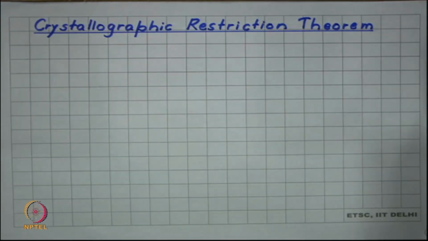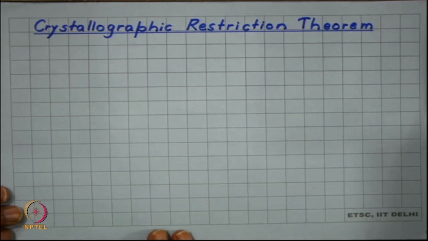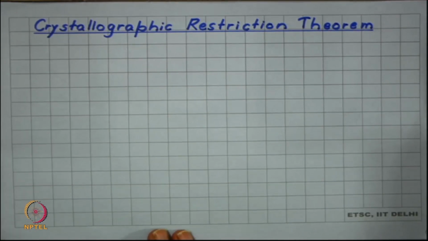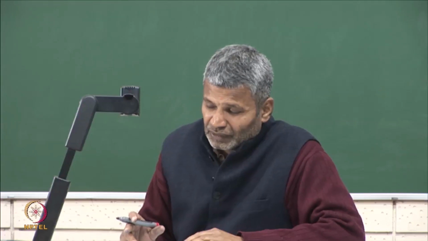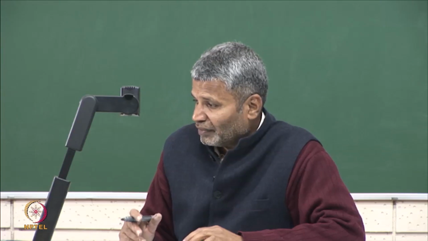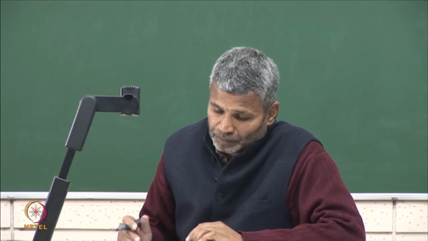Now, we have already seen that in terms of regular polygons, if we have an n-sided regular polygon, it will have n-fold symmetry. We saw the examples up to 6. So, an equilateral triangle had a 3-fold symmetry, a square had 4-fold symmetry, regular pentagon 5, regular hexagon 6, and so on.